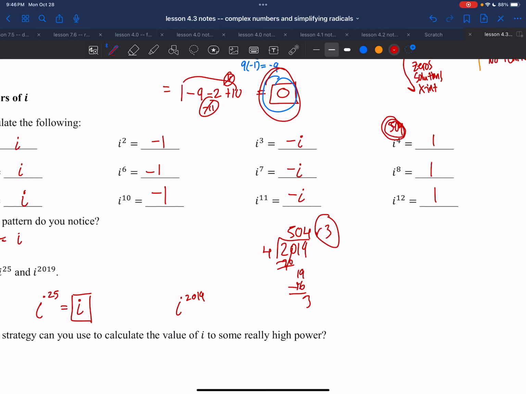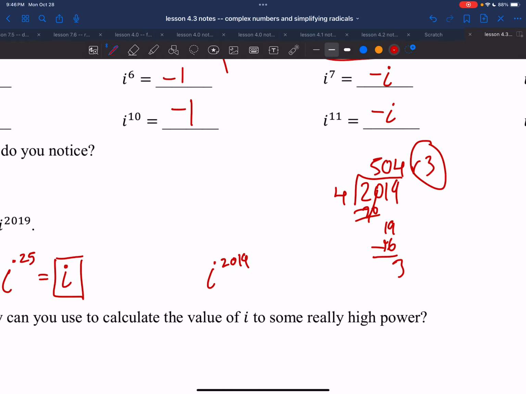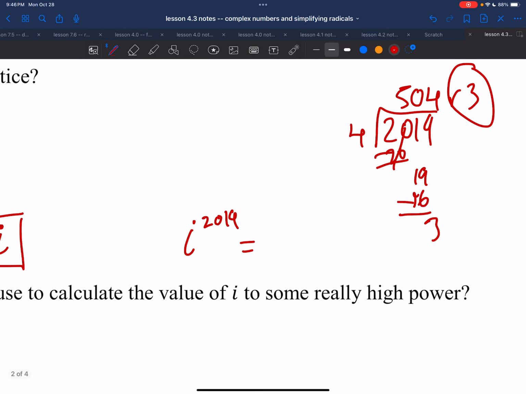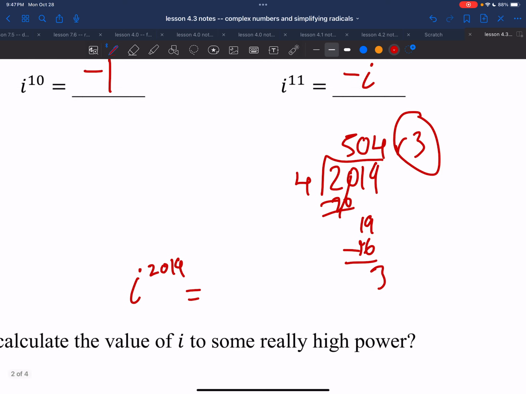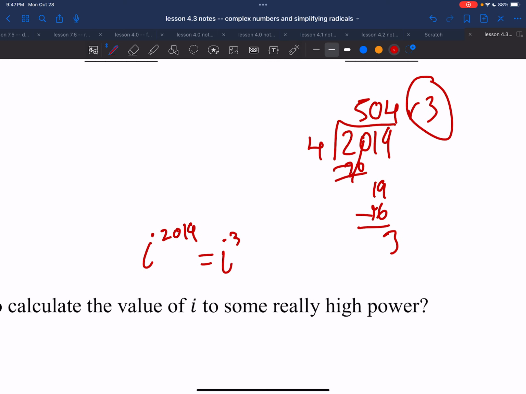And then remainder 3 means you just go 1, 2, 3. So the remainder is actually going to tell you that it ended at i cubed, meaning it's negative i. Yeah? So essentially that remainder tells you which of the 4 core patterns you're going to land on.